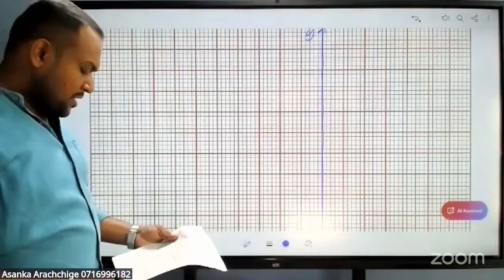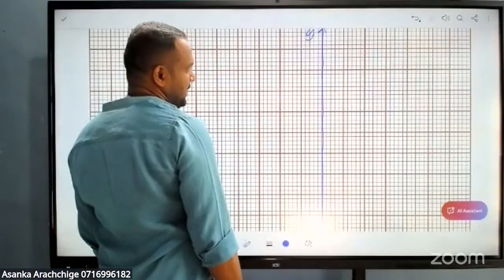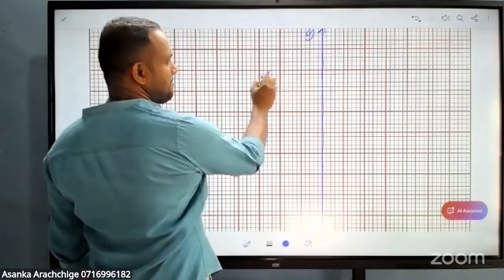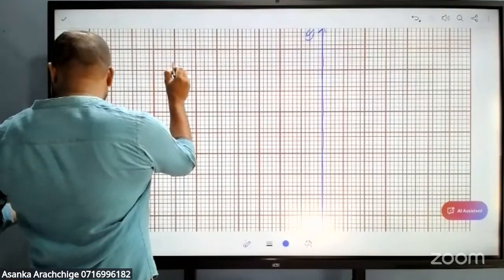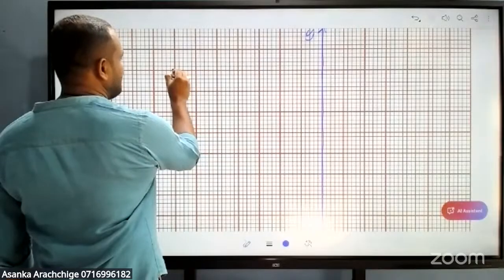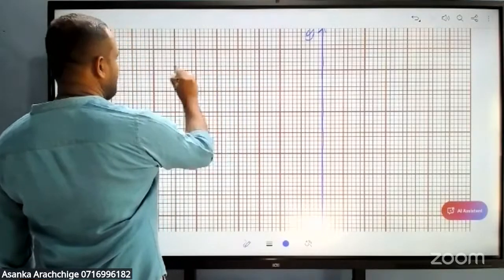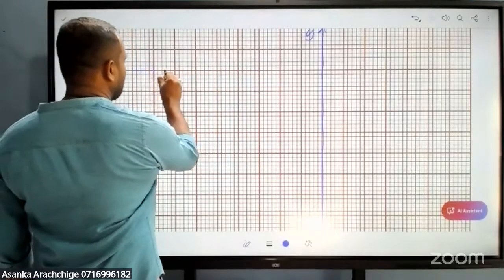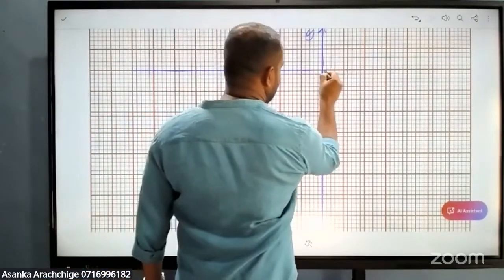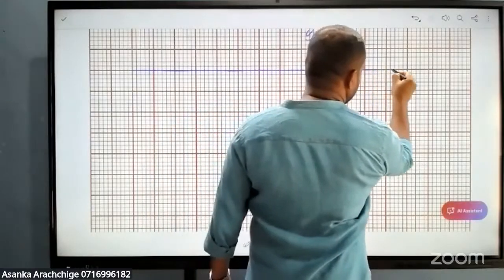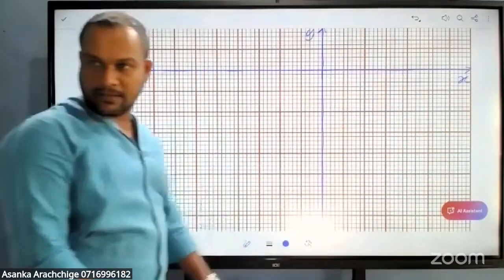The biggest y coordinate is 2, and I take the x axis here. The smallest x coordinate is -4. Then 1, 2, 3, 4. I take the x-axis like this. This is the x-axis, right?